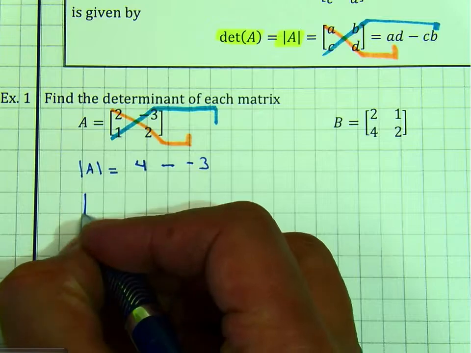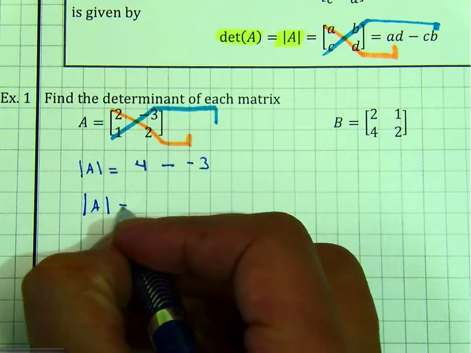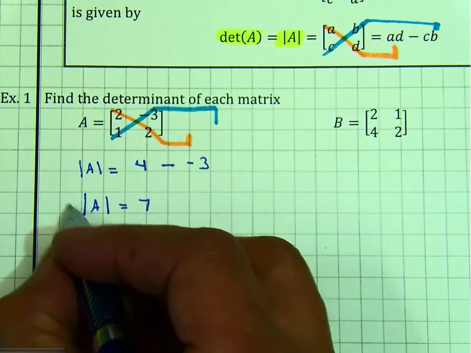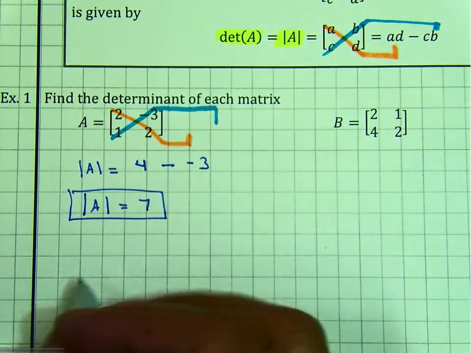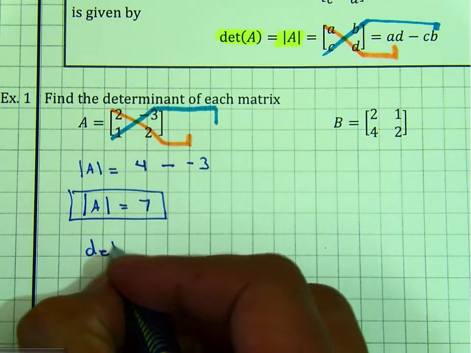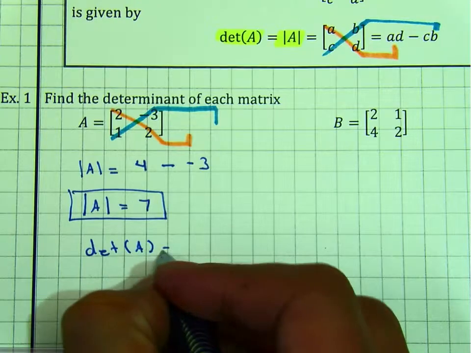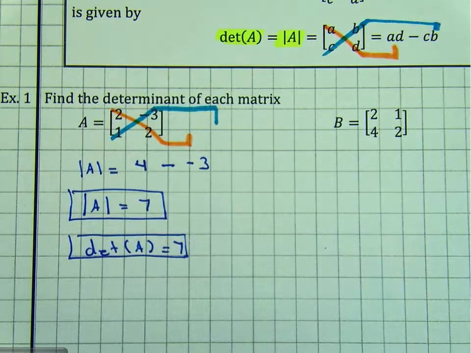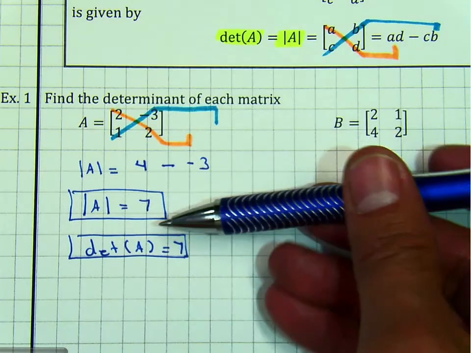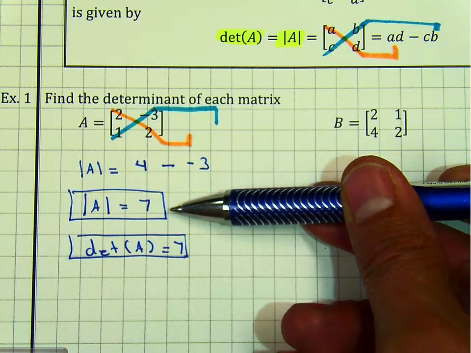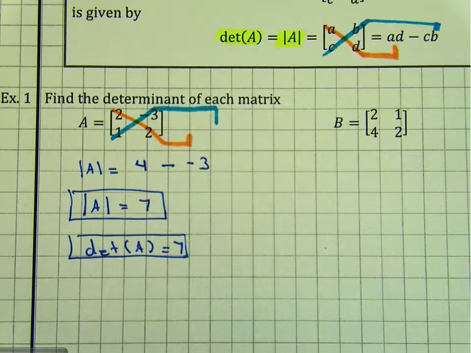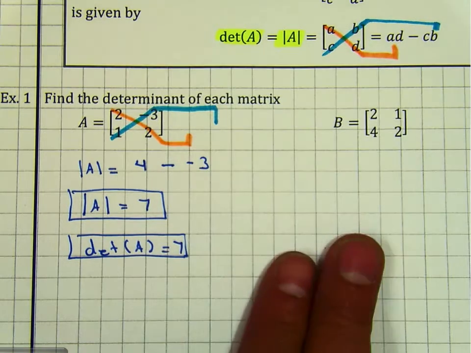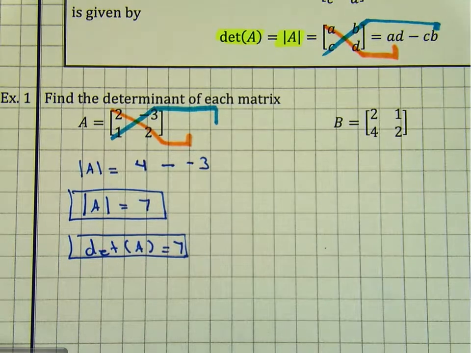So therefore the determinant of A will be equal to 7. Sometimes you will see it as determinant of A equal to 7. Either way is fine. For our purposes, we're going to write it using this notation. So try letter B. Go and pause it. Try letter B and see what you get.